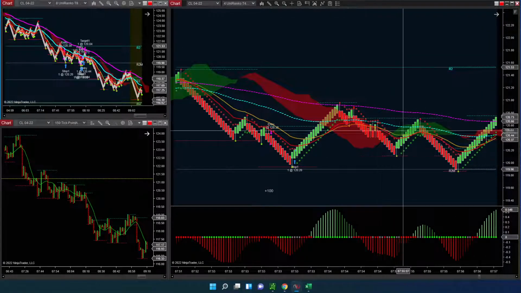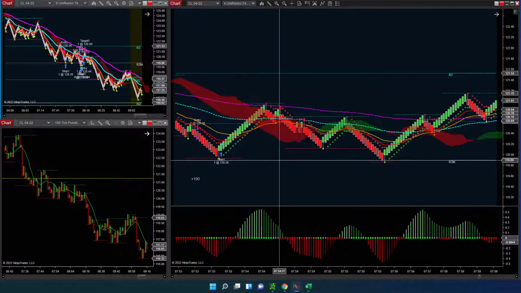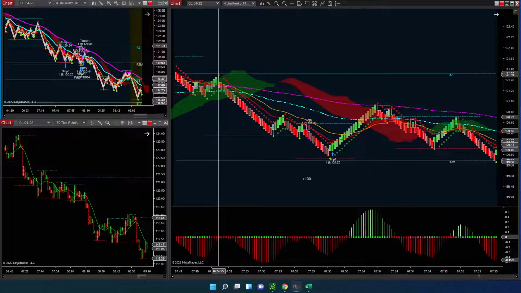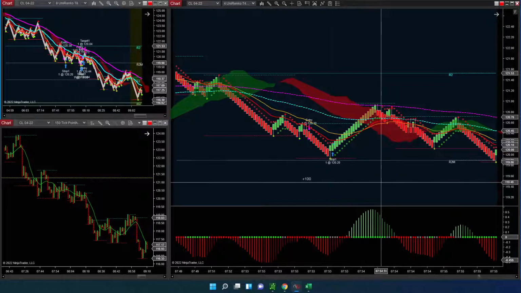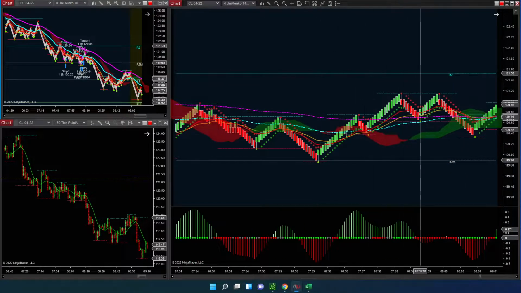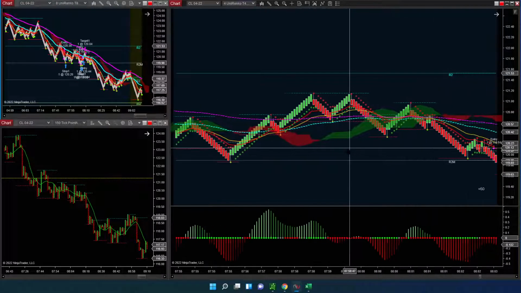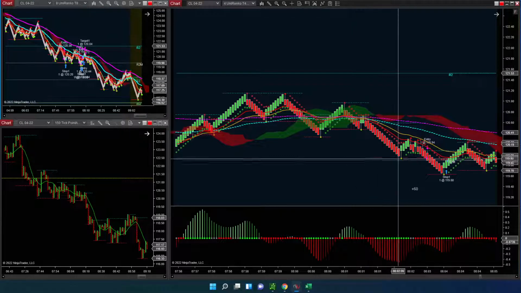Then it did some range action here in between this pivot high and this pivot low, and it started to move in this area. So there are some good entries here. I didn't take any of them.